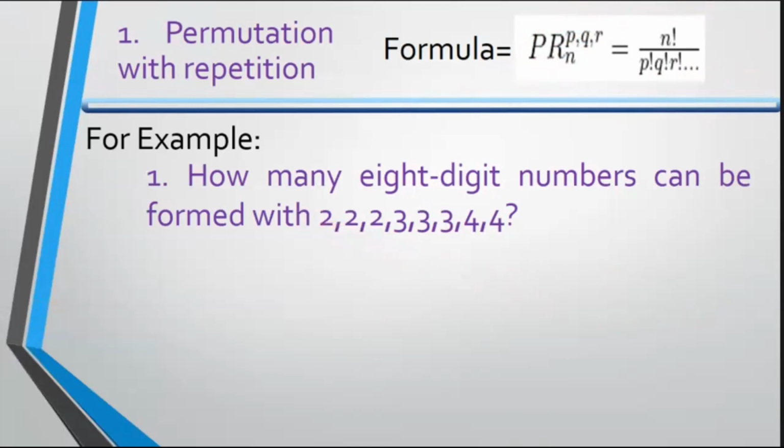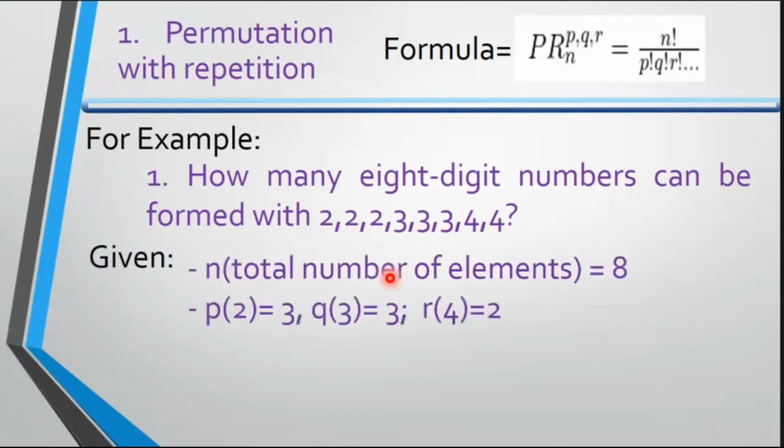So, we will substitute the given values, where the total number of elements n is equal to 8 because the elements here are 8. Let's count: 1, 2, 3, 4, 5, 6, 7, 8.